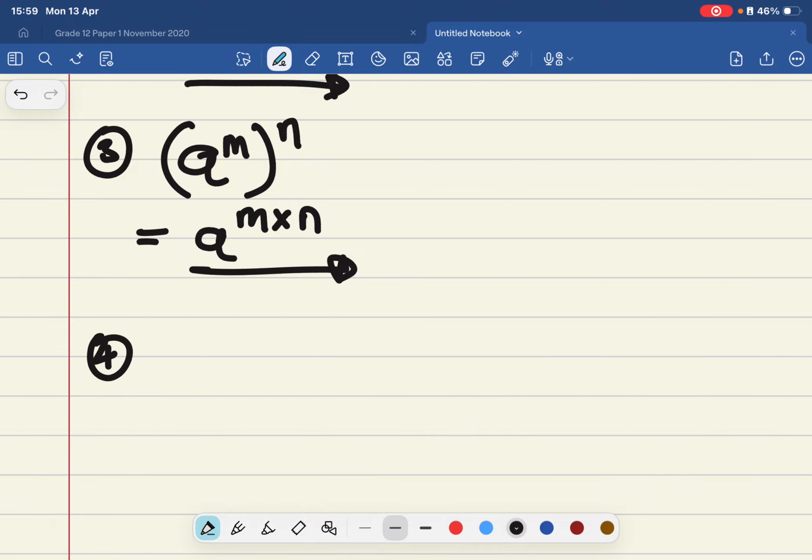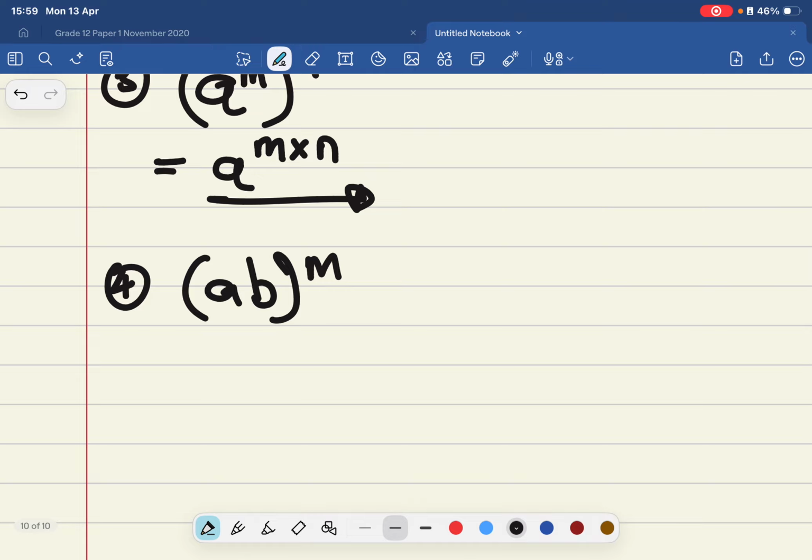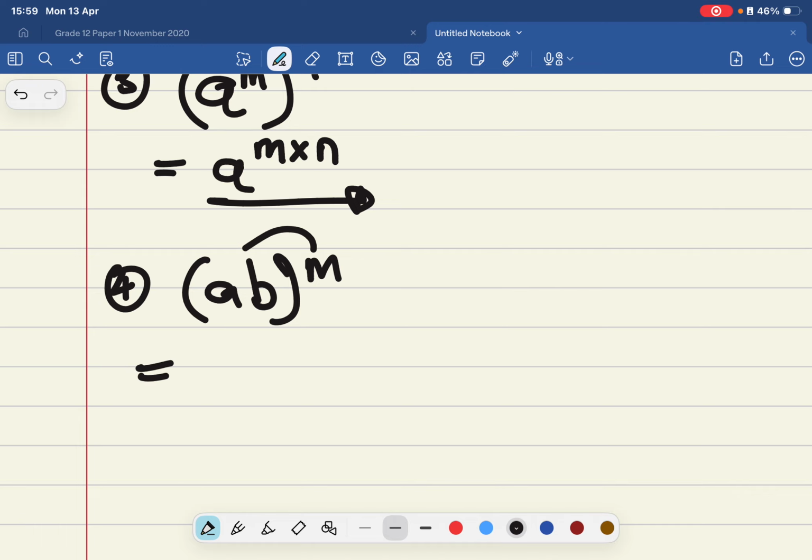And then law number 4. Now I have a product and I'm raising a product to the power of m. Which means this m will go to this one and to this one. So my final answer will be a to the power of m, b to the power of m.